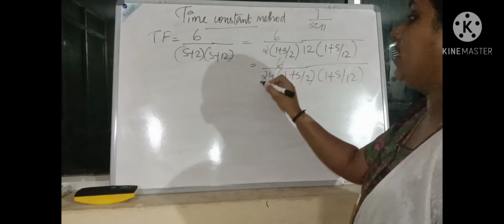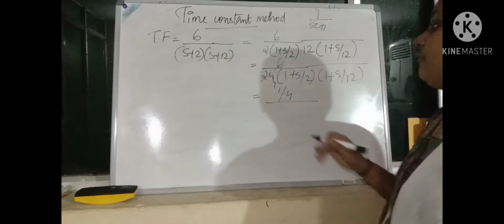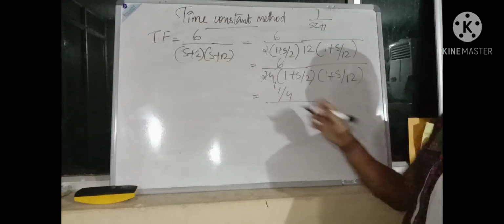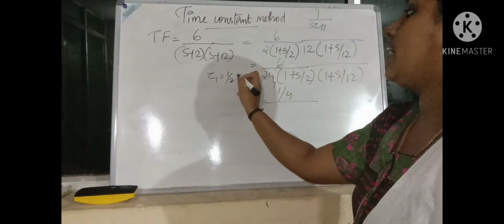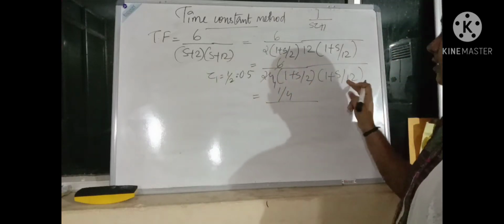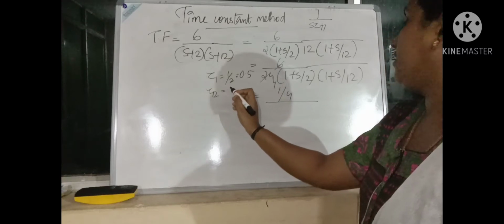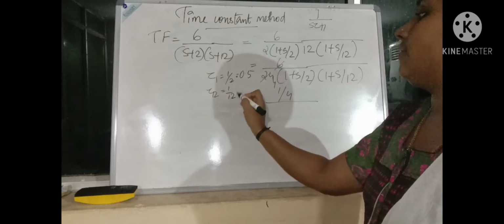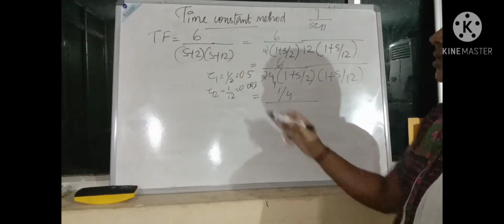Okay, here we'll get 1 by 4, so the transfer function will be 1 by 4 divided by... see here, the tau value for S equal to 1 by 2, that is 0.5, and here the value is tau 12, that will be 1 by 12, that is 0.083, right?